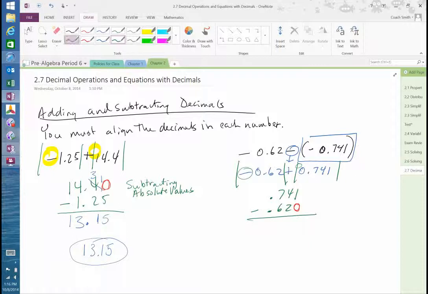Now we subtract those. 1 minus 0 is 1. 4 minus 2 is 2. 7 minus 6 is 1. Bring down the decimal. So I have 0.121. And the larger absolute value is positive. So it's positive 0.121.